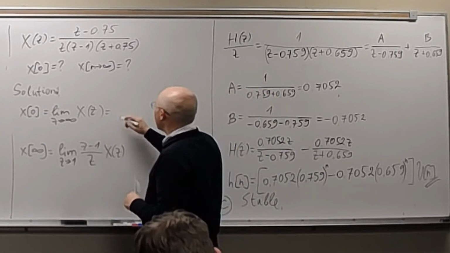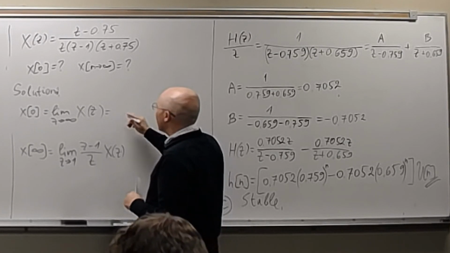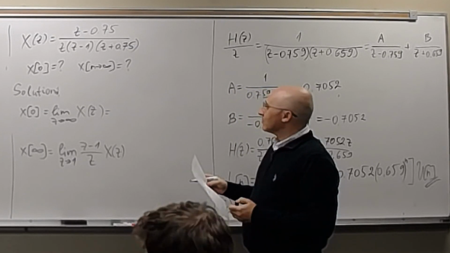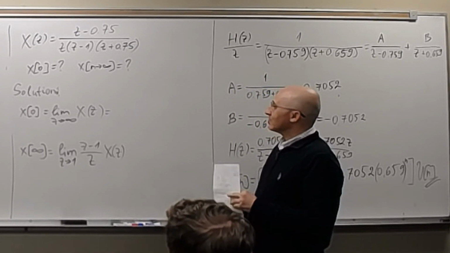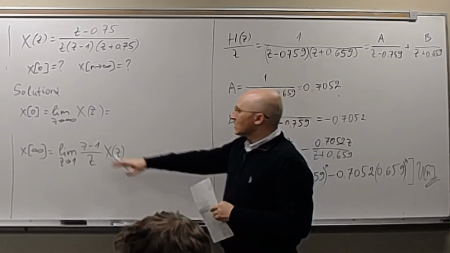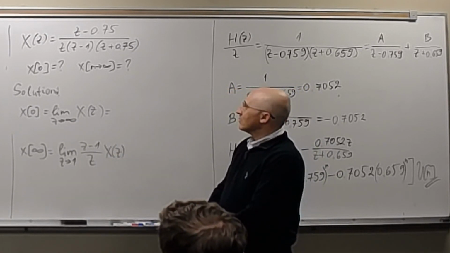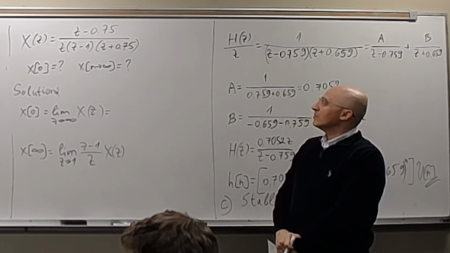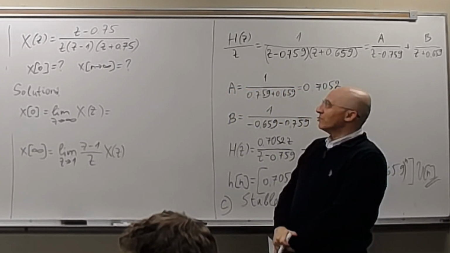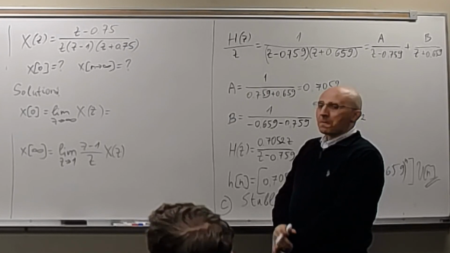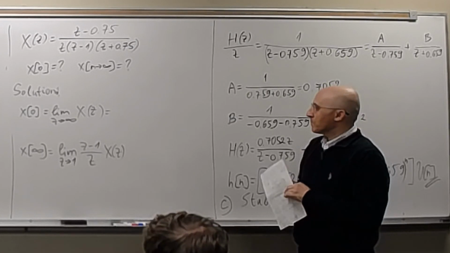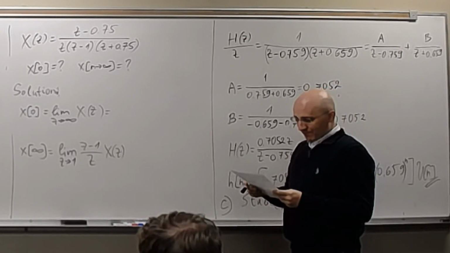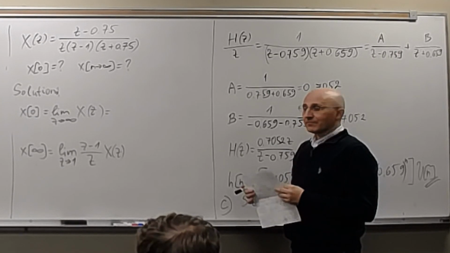So here you're just finding that limit, which will be what? Let's start with the first one, it's simpler. So z goes to infinity. Where will it go? To infinity?